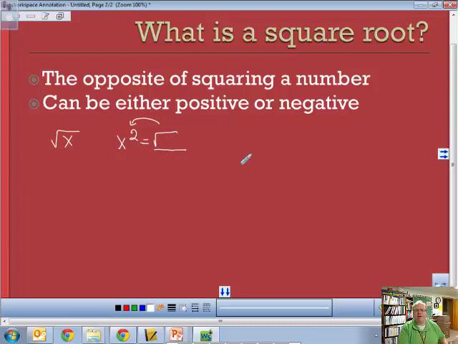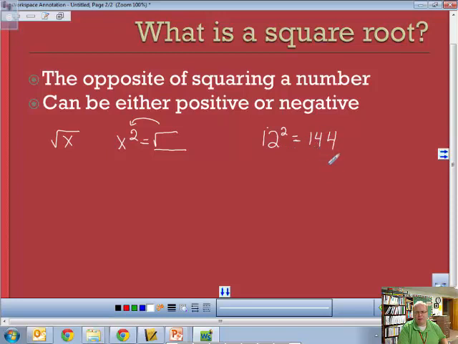For example, let's pick a number, let's go with 12. If I have 12 squared, 12 squared is going to equal 144.